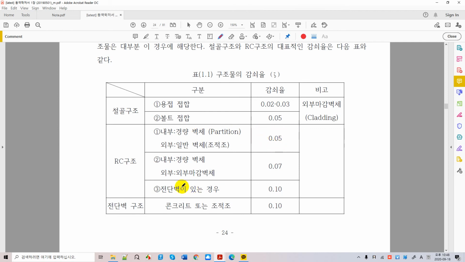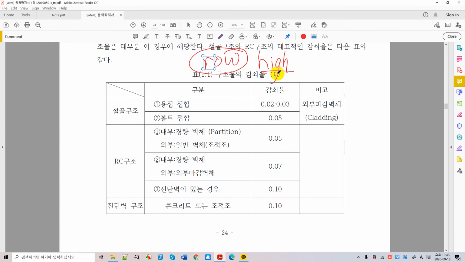So the shear walls and concrete elements in the building will contribute to higher damping, something you see over there, okay? And this is basically for low-rise buildings. When you have a high-rise building, it's more complicated.